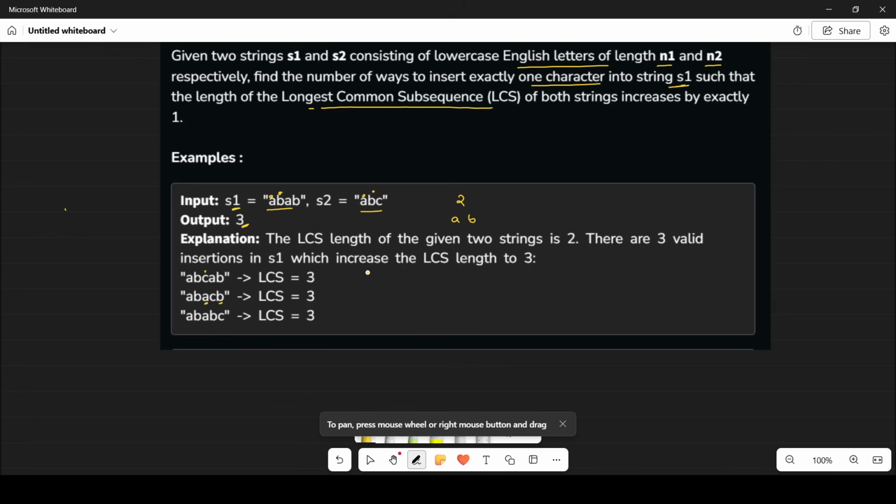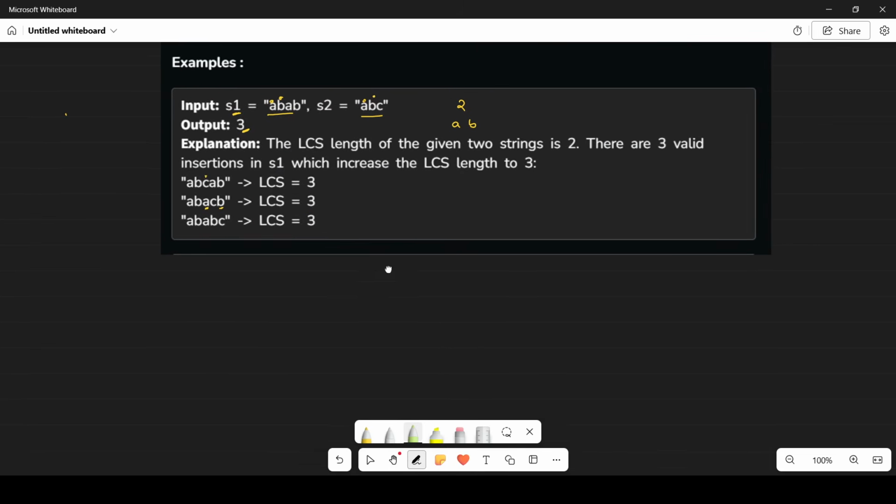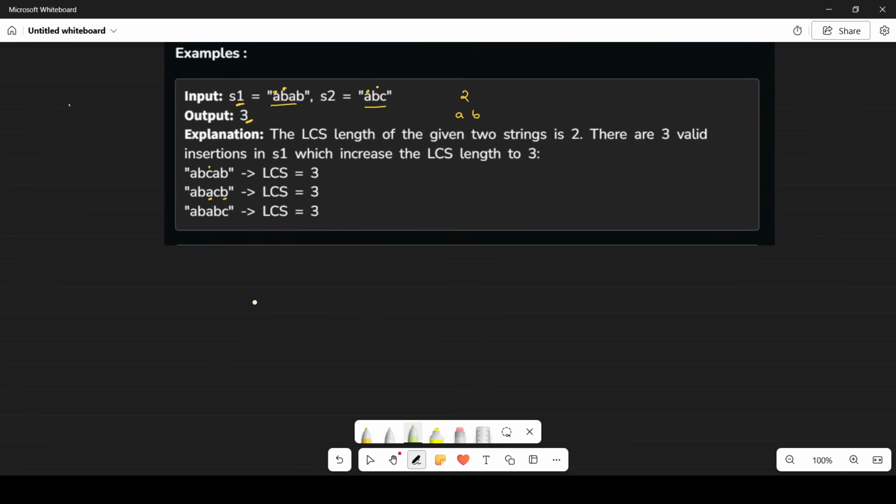I hope you understand the question now. Now let's discuss the solution for this problem. First we have to understand what is LCS, and how can I find it easily? LCS is nothing but the longest common subsequence which is common in both strings S1 and S2.